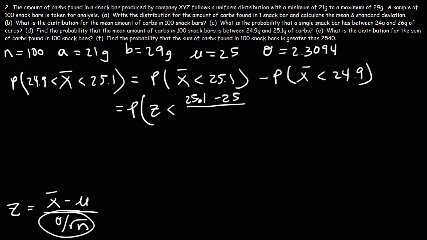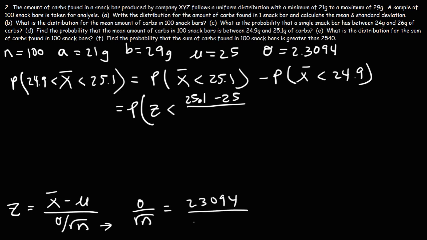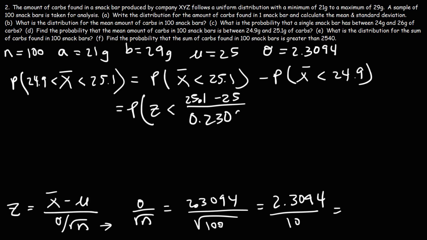Now let's go ahead and get this value. So sigma over the square root of n, that's going to be 2.3094 divided by the square root of 100. And the square root of 100 is 10. So if we divide this number by 10, we're going to get 0.23094. So I'm just going to write that here. So this is the standard error of the mean.